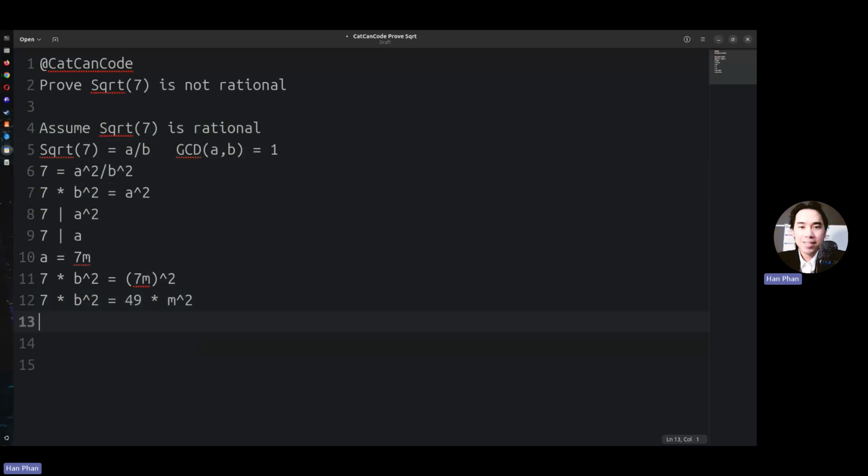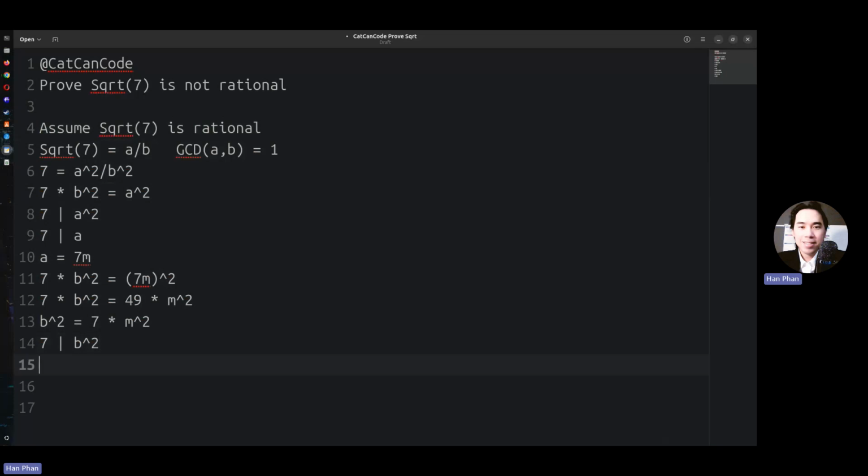We divide both sides by 7, then we'll have b squared equals 7 times m squared. Because of this equation, we can do a similar proof, and we can say now 7 divides b squared.